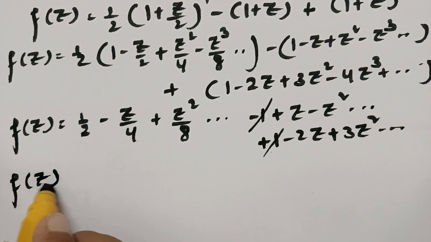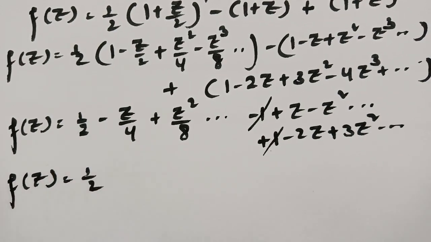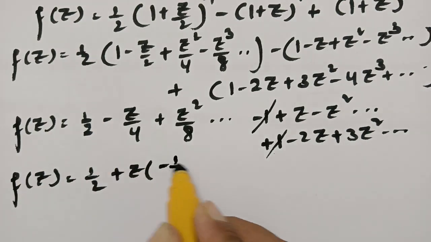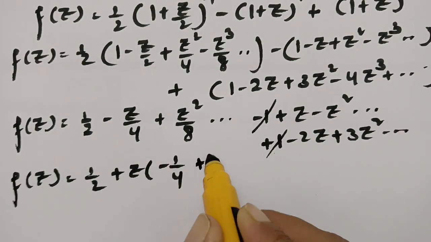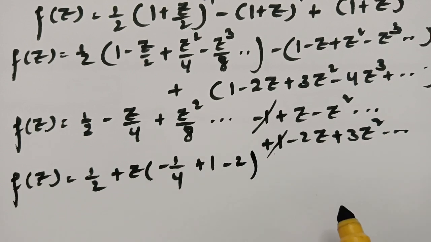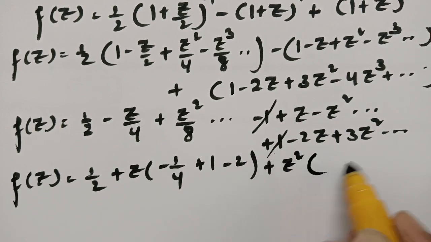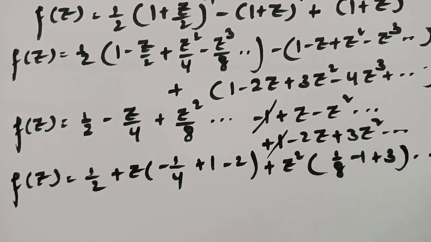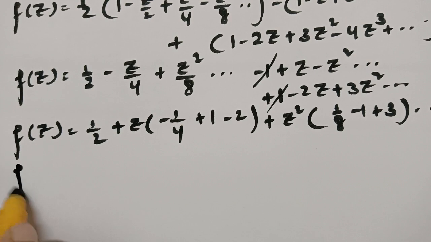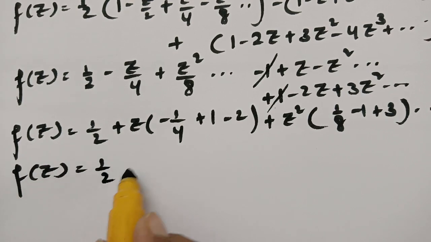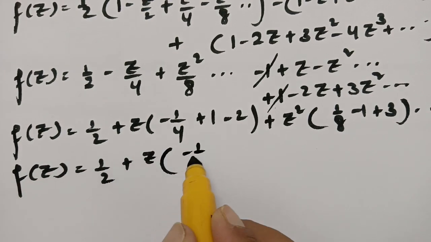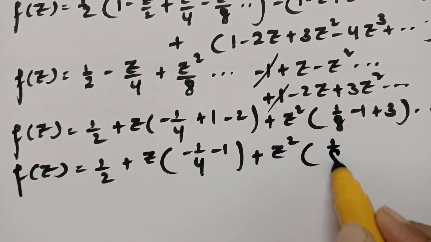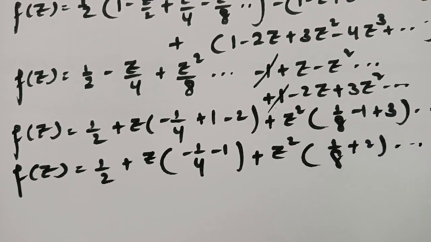What remains is 1/2 times the constant 1/2. If I take z common, this is -1/4 + 1 - 2. And for z², this is 1/8 - 1 + 3 and so on. Therefore, f(z) is equal to 1/2 times: 1/2 + z(-1/4 - 1) + z²(1/8 + 2) and so on.